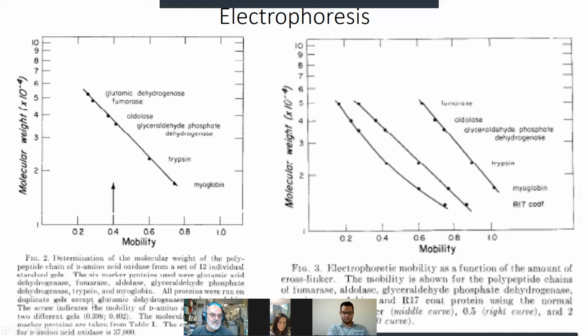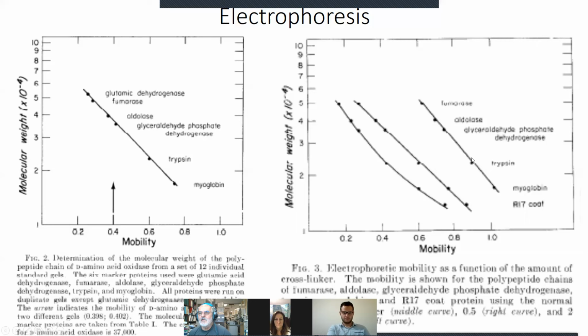Now, this is done under a certain set of conditions. There's a certain amount of acrylamide, but there's also a certain amount of crosslinker. And the crosslinker is what really determines the size of the pores. On the right is a similar gel with different amounts of crosslinker. The middle one is a normal amount, whatever that means in their recipe. The one on the right is 0.5%, and the one on the left is 2%.